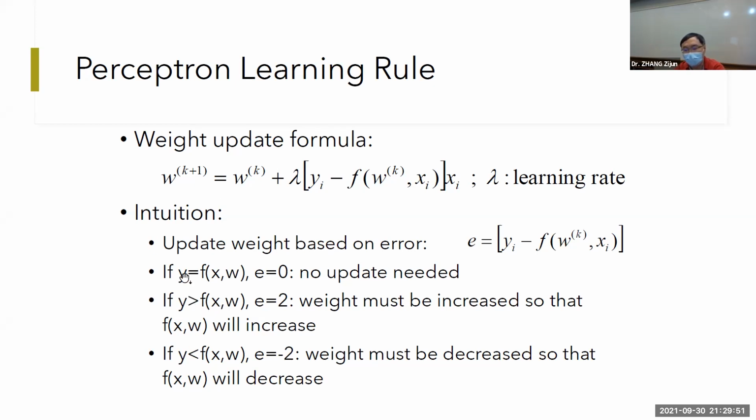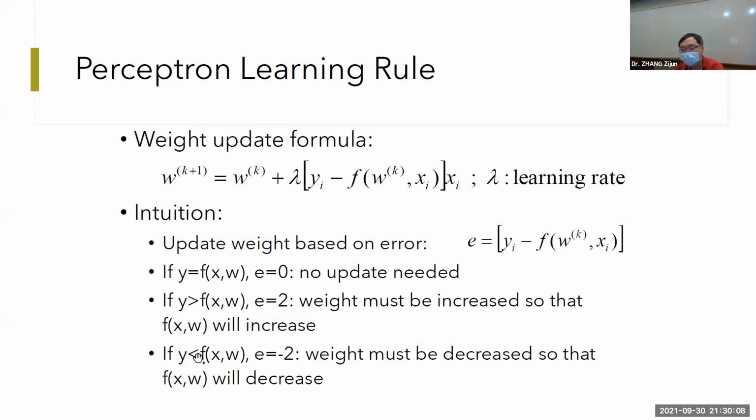If Y is larger than its estimation, for example error equals 2, then the weight must be increased. It's positive, so this weight will be increased.